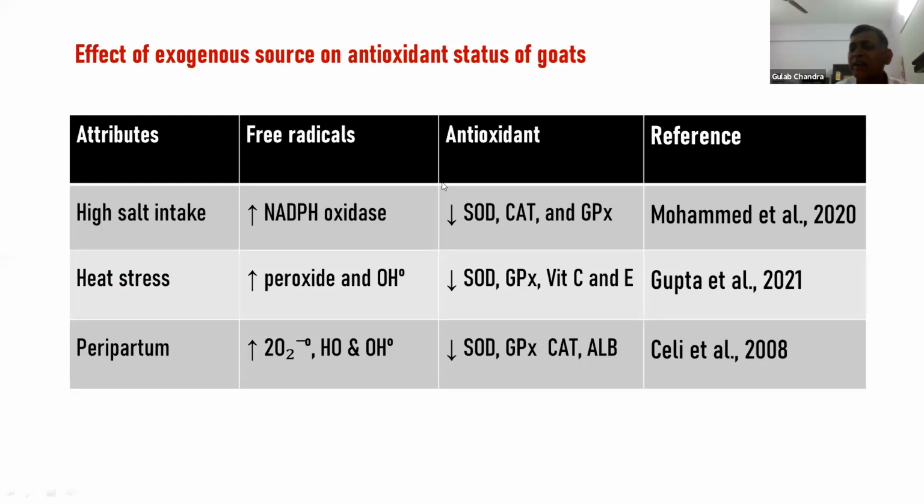This is the effect of the exogenous sources on the antioxidant status of the goats. Muhammad et al. 2020 reported that high salt intake in goats increased free radical formation by increasing the activity of the NADPH oxidase enzyme that is found on the plasma membrane.